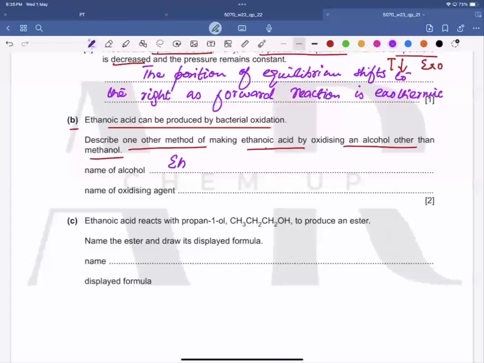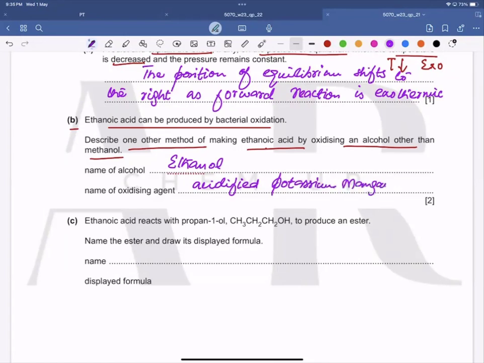It's ethanoic acid, so we need an alcohol which has 2 carbons, so ethanol. And the name of the oxidizing agent. So we know the oxidizing agent is acidified potassium manganate(VII).